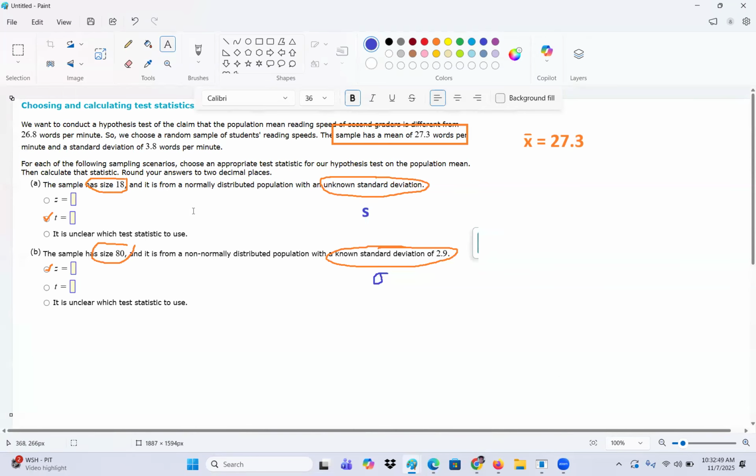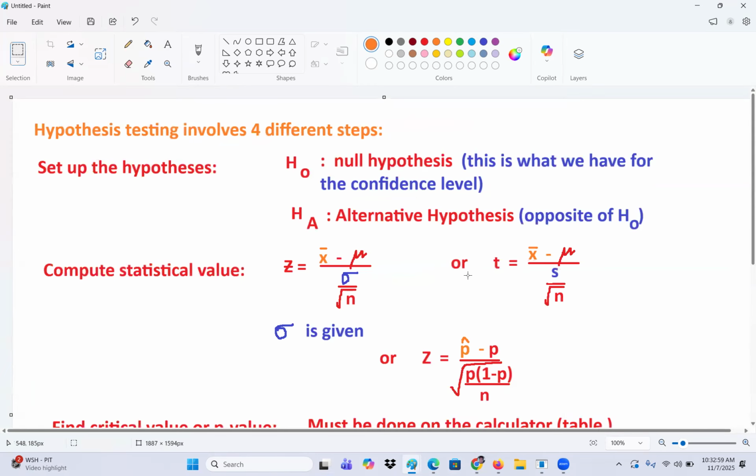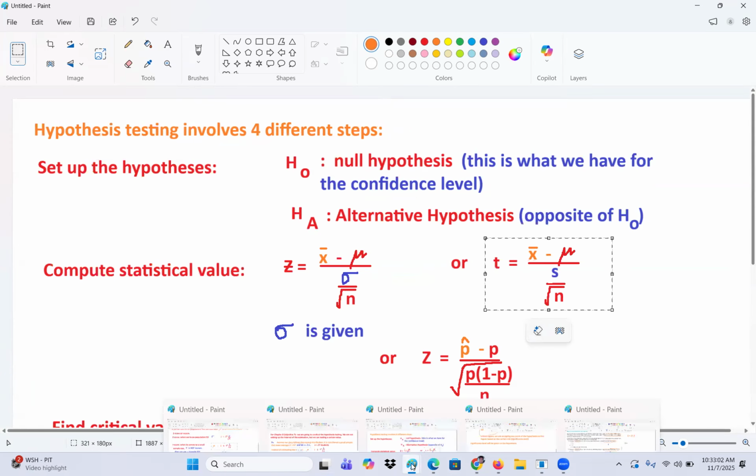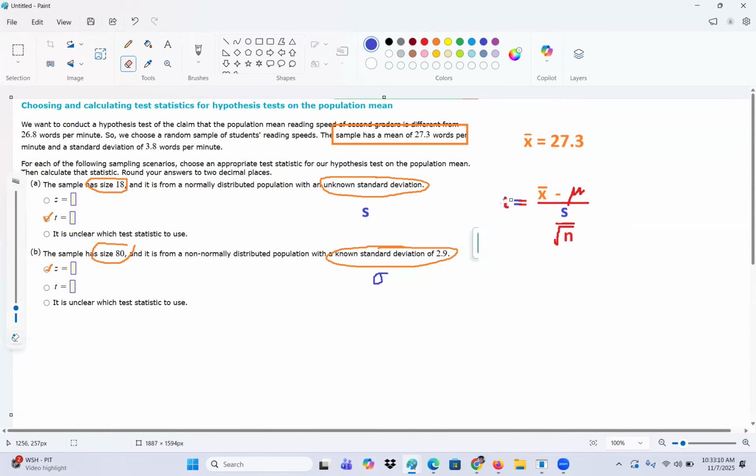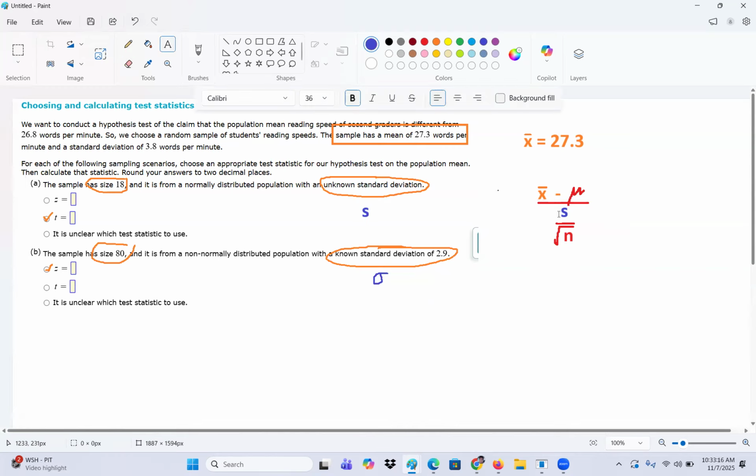I think we need to compute the t-score based on the formula that we have, which is what I wrote earlier, so the t equal to... So we simply take the sample mean, which is equal to 27.3, minus, let me just do it on a calculator.